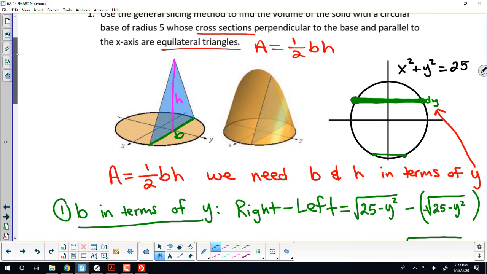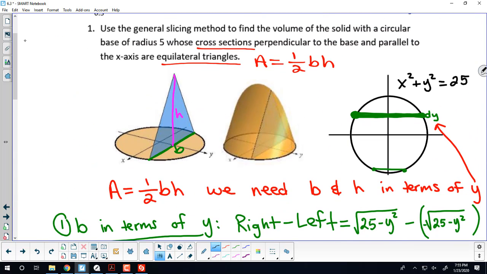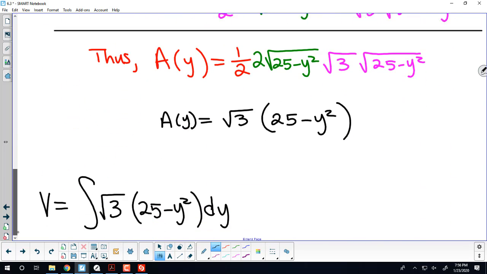Remember the figure we're working with is here. The radius of this circle is 5, and that's negative 5, right? All of our rectangles are running this way, so we're going to fill it up from here all the way up to there, so we can get the volume of this whole thing. So from -5 to +5. Does that make sense? Those are the limits of integration.